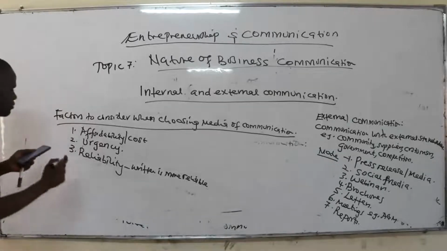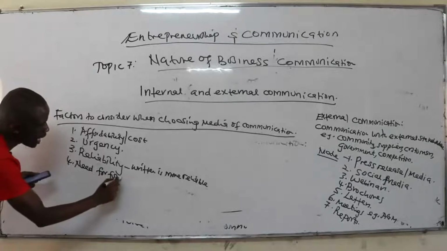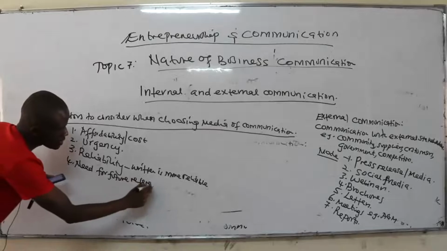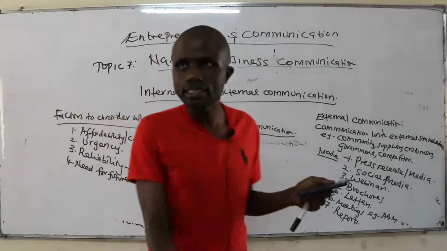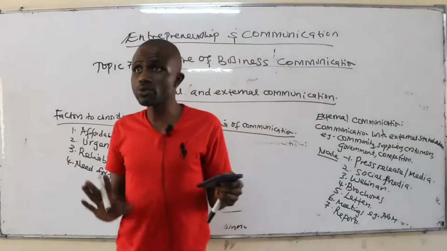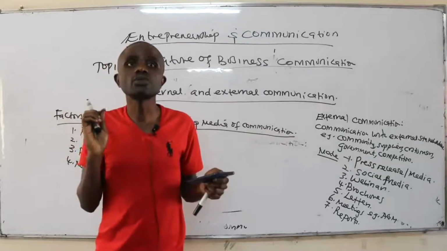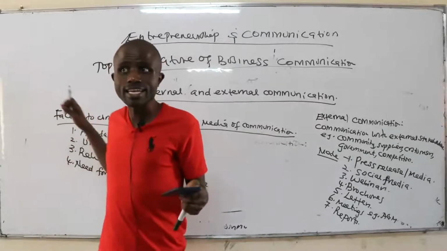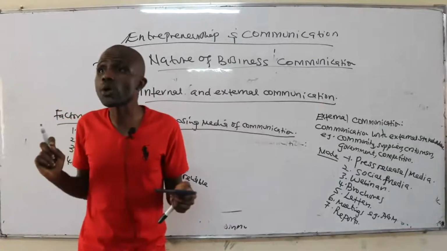Number four, need for future reference. For instance, in meetings, you can say somebody did not tell you. But if you tell me through an email, I can retrieve the email and tell you that I communicated to you through email.